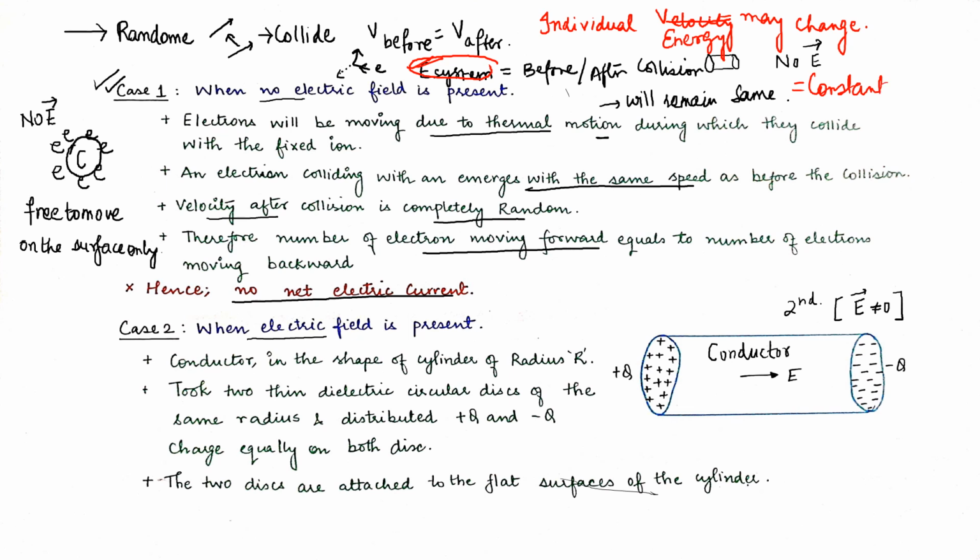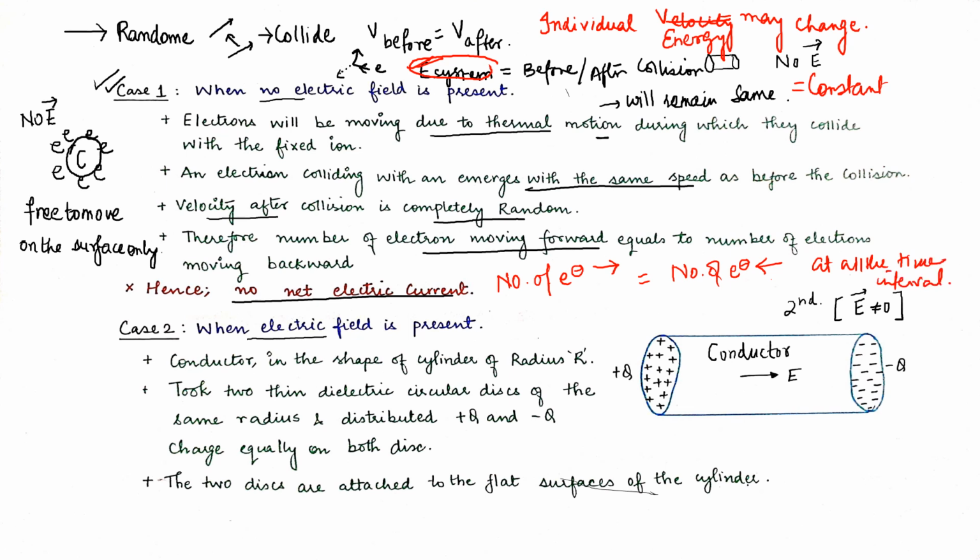In such a case, the number of electrons moving forward will be the same as the number of electrons moving backward at every point of time, at all time intervals.